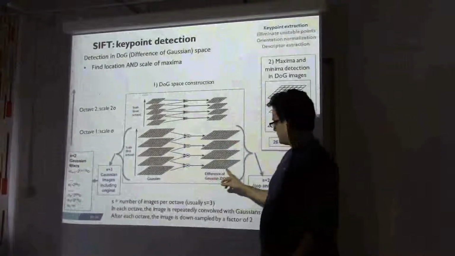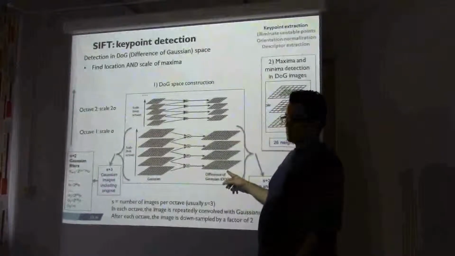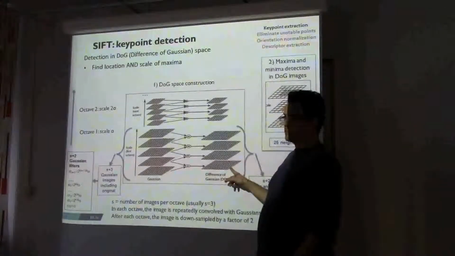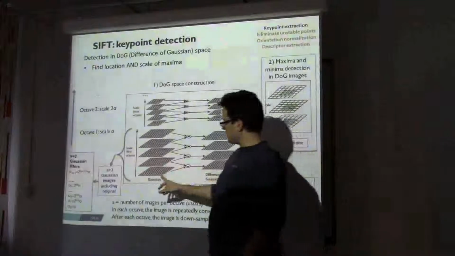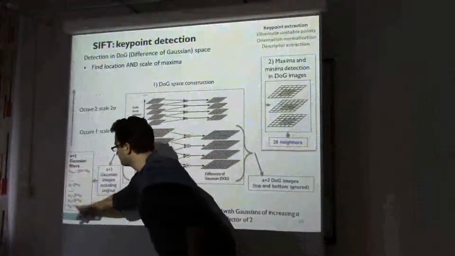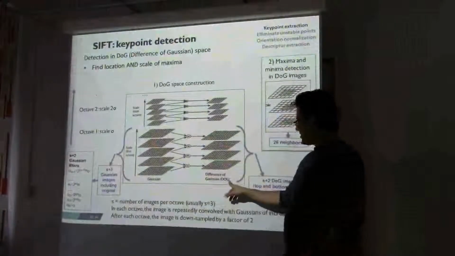So you get the difference of Gaussian image. You remember that from the edge detection lecture? This is for edge detection. Apply Gaussians with increasing sigma, subtract the images, the difference of Gaussian images.